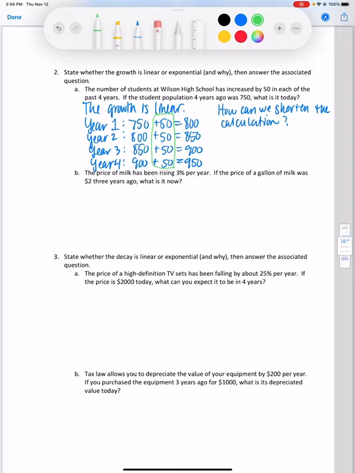So if I keep adding 50 four times, then I can actually add 50 times 4, or 4 times 50. So that's how we can shorten the calculation. We'll take our initial value, add on 4 times 50, which gives us the initial value plus 200, which is equal to 950 students. So that's our short way of doing it.